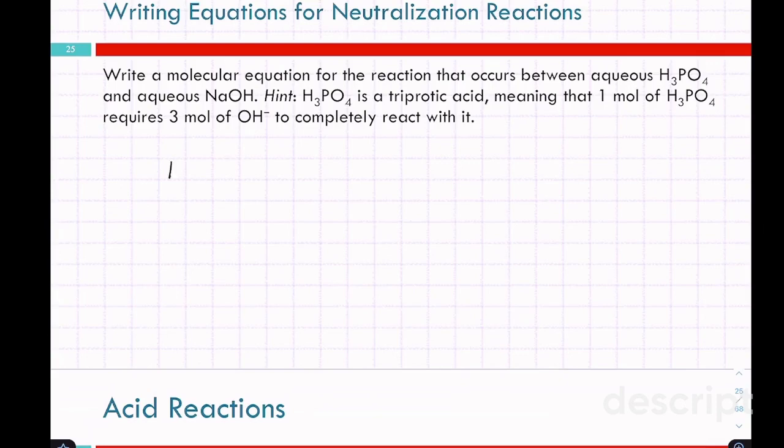So H3PO4 plus NaOH. And the ionizable hydrogens are always written first. That also applies here. So phosphoric acid actually has 3 ionizable hydrogens. So there's 3 hydrogens that can ionize off in a solution.